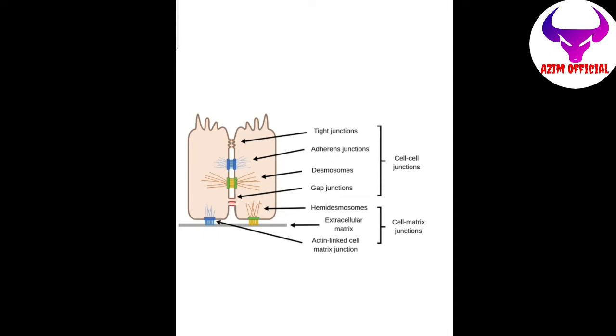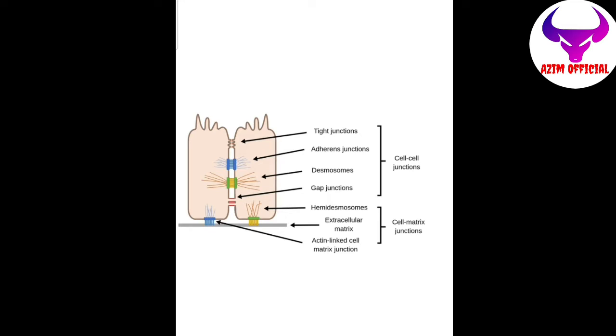Okay, so you can see the structure of gap junctions here. In the gap junctions, the intercellular space narrows from 25 nanometers to 3 nanometers, and the units are called connexons. Connexons in the membrane of each cell are lined up with one another.